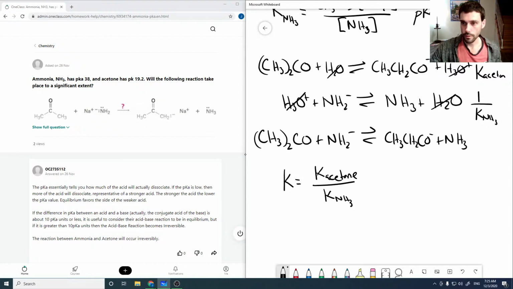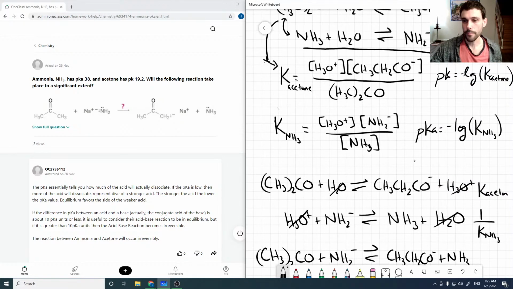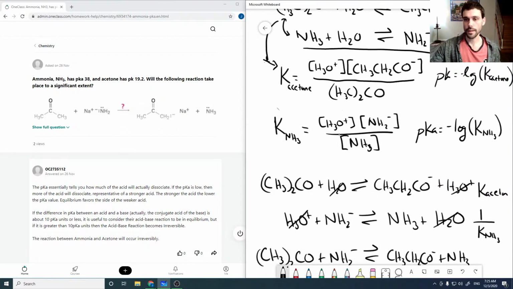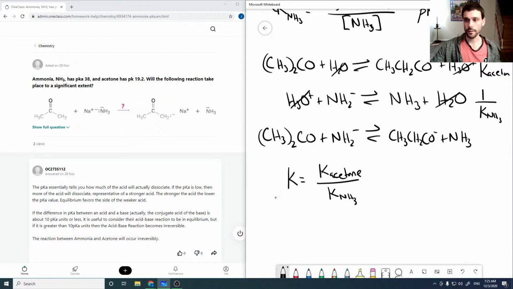We could also verify that by taking these two expressions here and directly multiplying acetone by 1 over, and you see that your H3O plus will cancel, and you'll end up with an NH3 upstairs and an NH2 minus on the denominator, which is exactly what we would expect here, right?